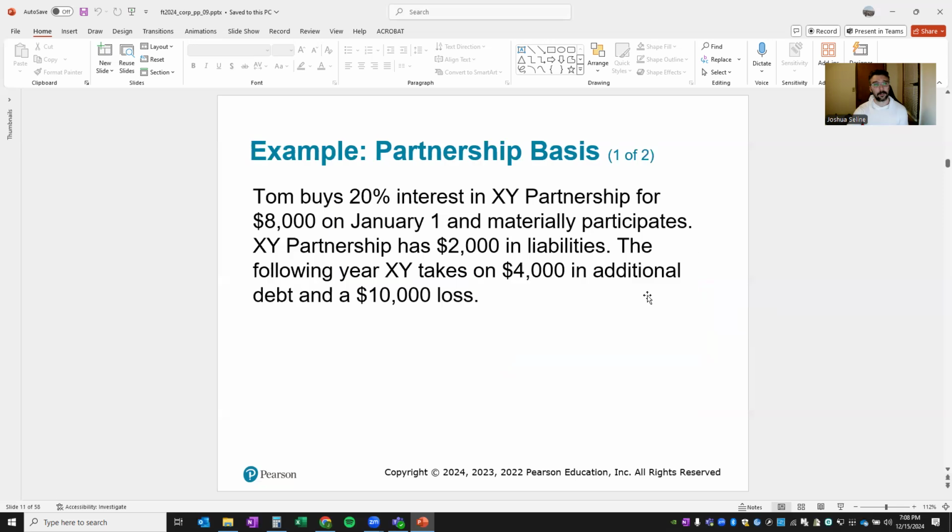And we've got some examples. So Tom buys a 20% interest in XY partnership for $8,000 on January 1st and materially participates. XY partnership has 2,000 in liabilities. The following year, XY takes on 4,000 in additional debt and a $10,000 loss. So here you want to pay attention to the 8,000 he contributed and the fact that he has 20% interest.